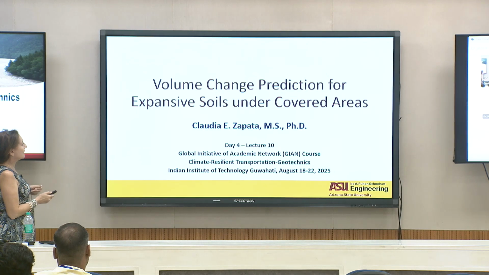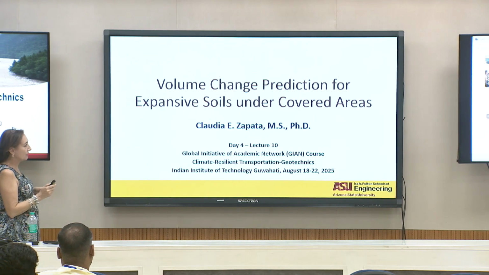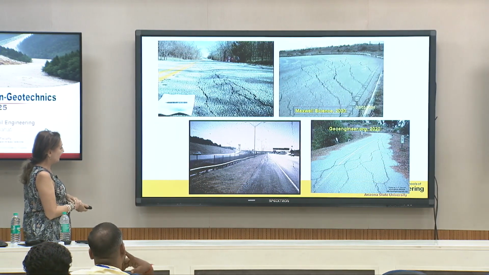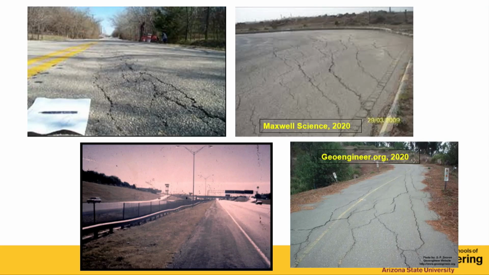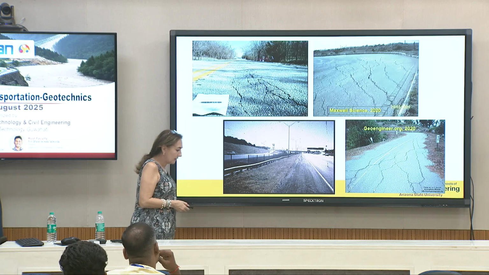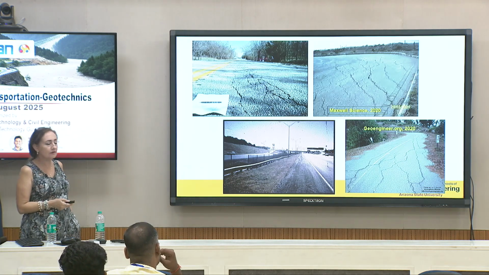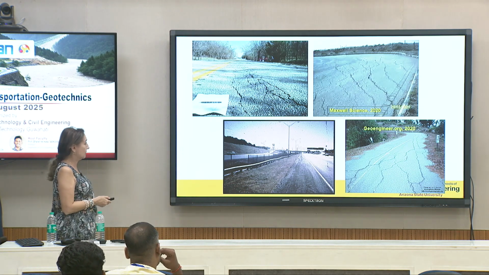So how we predict volume change for expansive soils under covered areas, and we did that one for pavements. Again, I brought my nice pictures of cracks that appear because of the changes in the expansive soils. You're very familiar with the problems we face with the changes in volume due to expansive soils and the damage in roads.